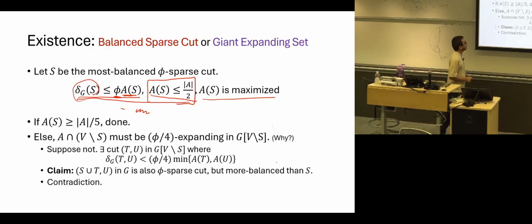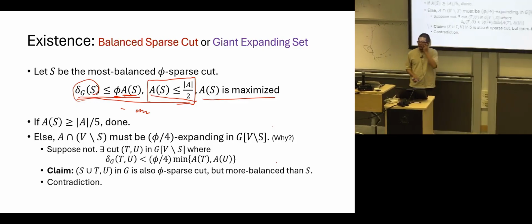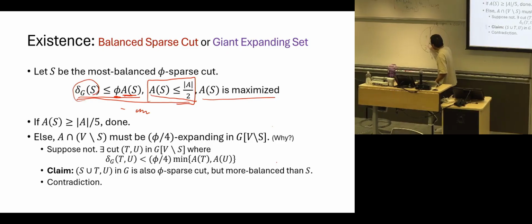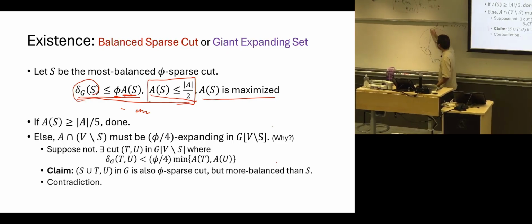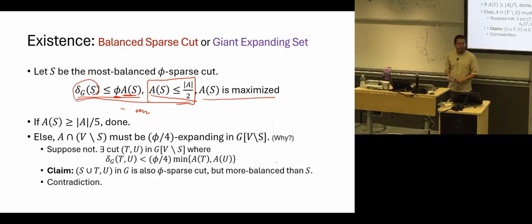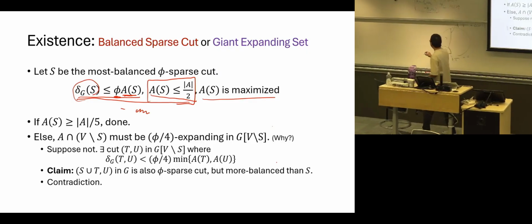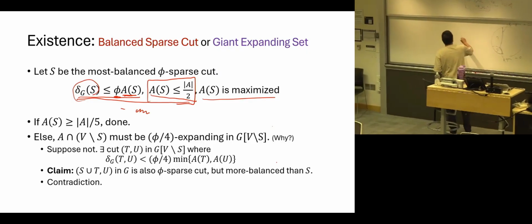So let's see why this is the case: why the union here must be phi sparse and more balanced.